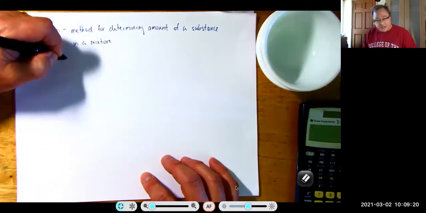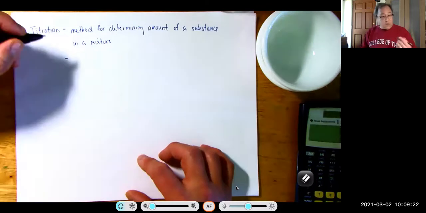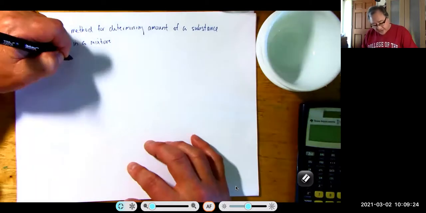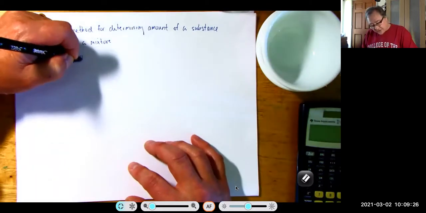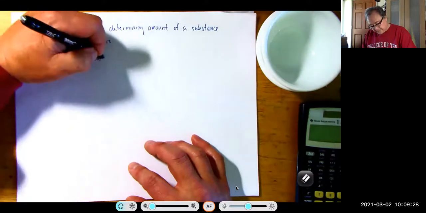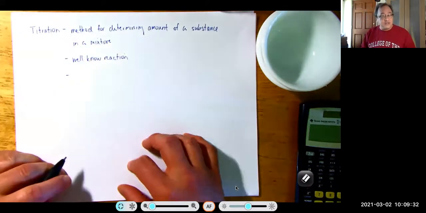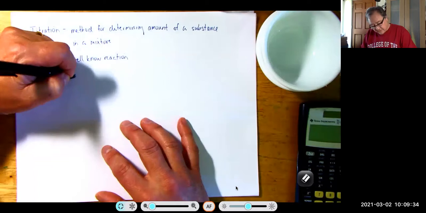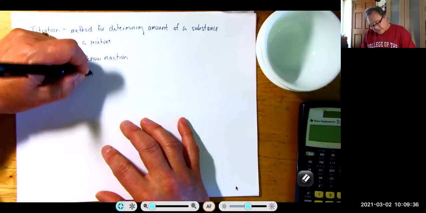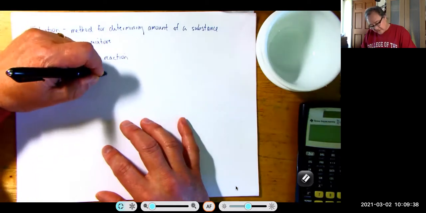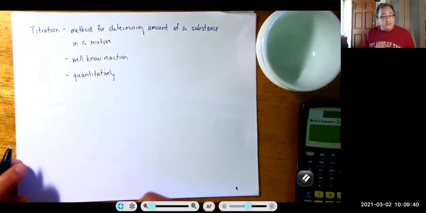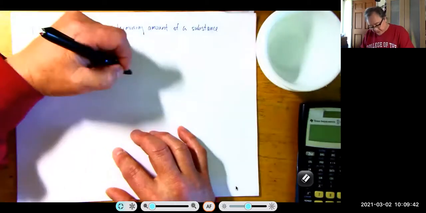And for these titrations, you want a well-characterized reaction, so a well-known reaction. You want to quantitatively react all of the substance of interest.